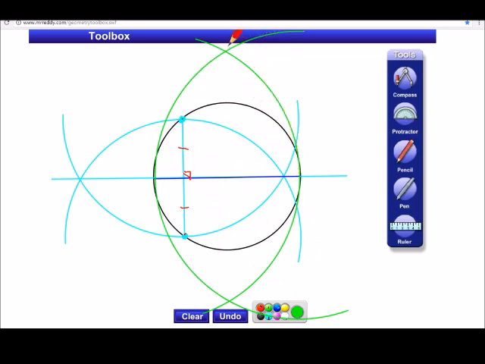And now I have a perpendicular bisector, which means that right here, because this is perpendicular and bisects that, this has to be the center C of our circle. So perpendicular bisectors are really very useful.